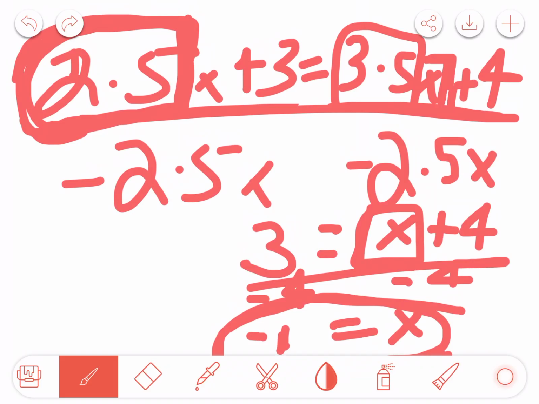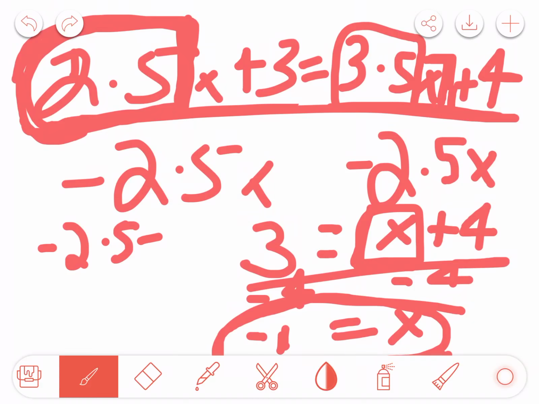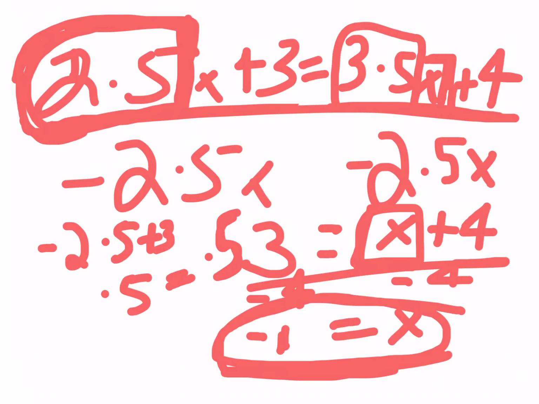But you guys can double check that too. -1 times 2.5 is -2.5. Plus 3 makes it 0.5. 0.5 equals -3.5 plus 4, which is 0.5. So -1 is your answer.